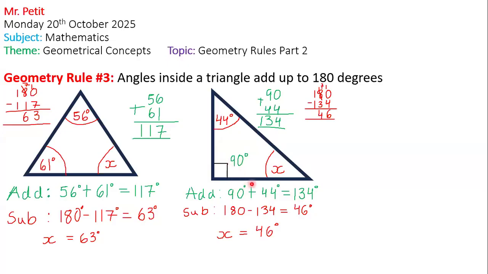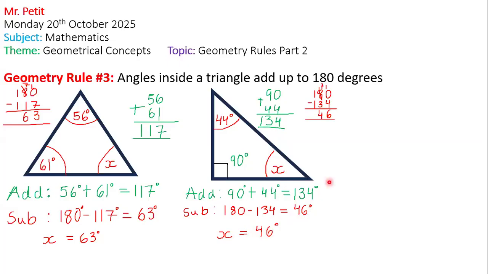So we have 90 degrees plus 44, which gives us 134. And then what are we going to do after that? Subtract. What are we using to subtract? 180 subtract 134. And what does that give us? 46. So x is equal to? 46. Excellent job. Thank you.